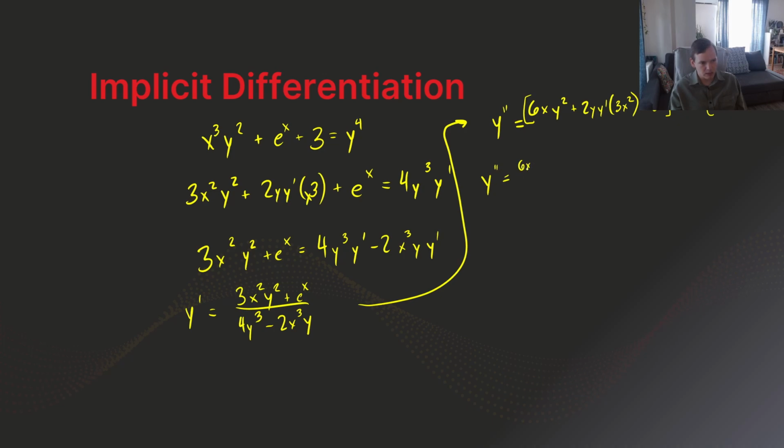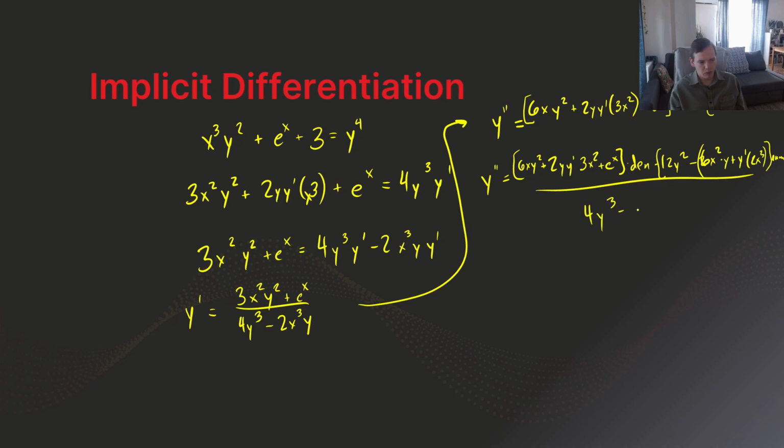Y double prime is 6xy squared plus 2y y prime times 3x squared plus e to the x times the denominator, minus 12y squared minus 6x squared times y plus y prime times 2x cubed, all of that times the numerator, all over 4y cubed minus 2x cubed y, quantity squared.